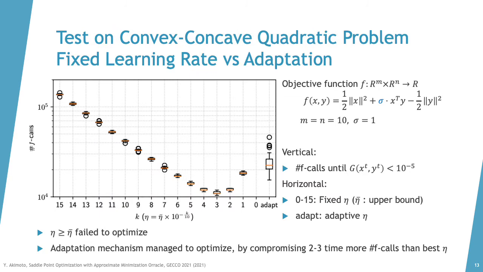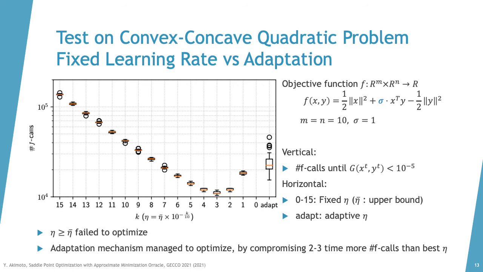First, to see how well the proposed learning rate adaptation mechanism works, we tested AES on a convex-concave quadratic problem shown here. The results are summarized in the figure on the left. The vertical axis is the number of function calls until a suboptimality error of less than 10 to the minus 5 is achieved.